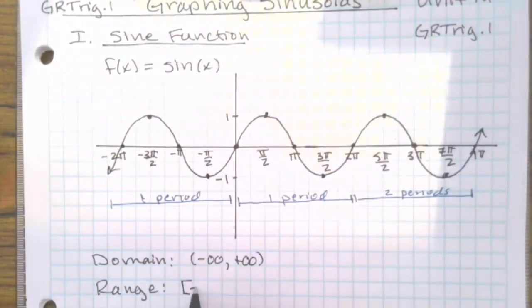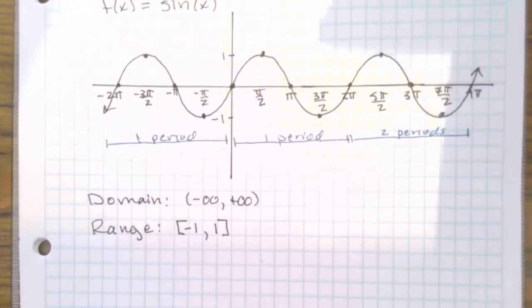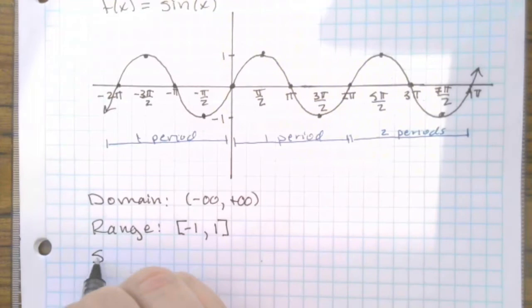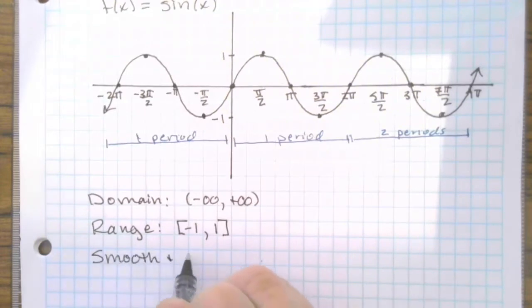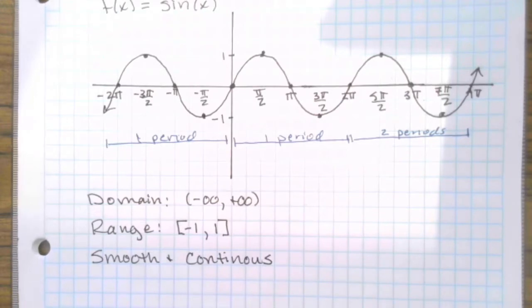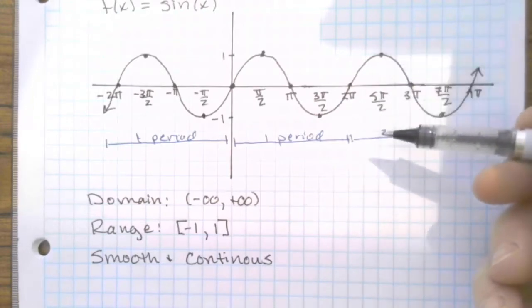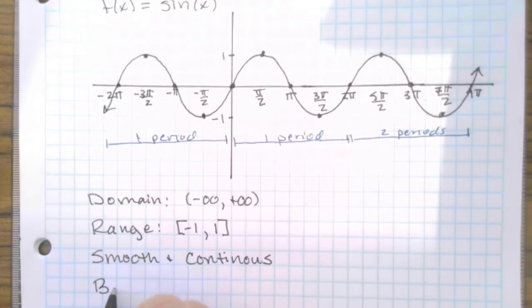So my range is negative 1 inclusive to positive 1 inclusive. Okay, continuity. Well, there's no breaks or gaps, so we would say this curve is smooth and continuous. Okay, boundedness. It's bounded above, it's bounded below, so we just say bounded.